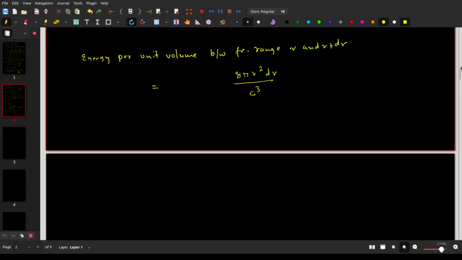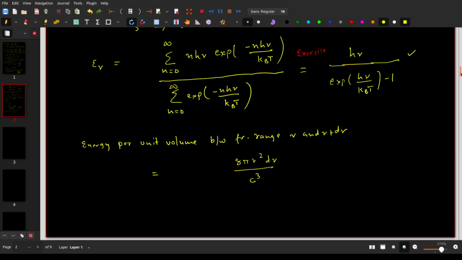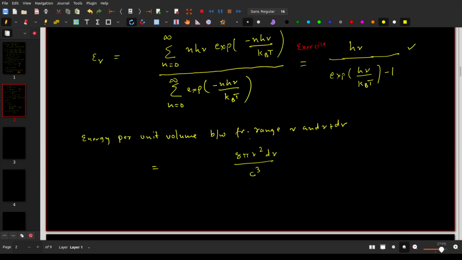This is the number of modes, and at each frequency nu, the average energy is given by this expression: h nu divided by exponential h nu by kBT minus 1.